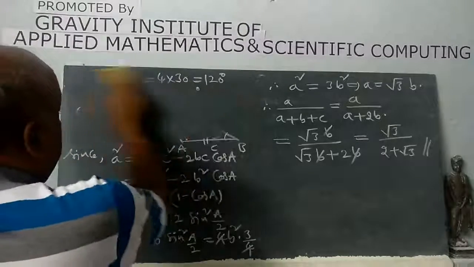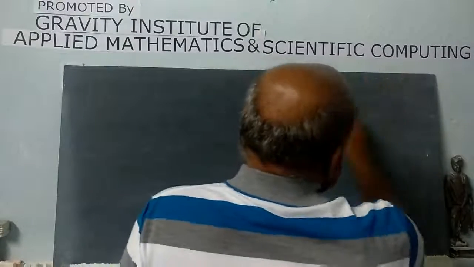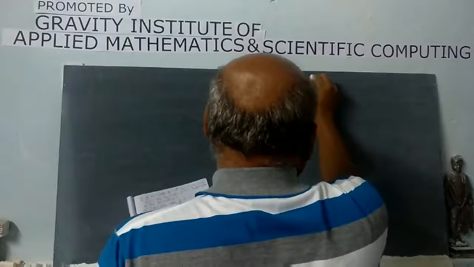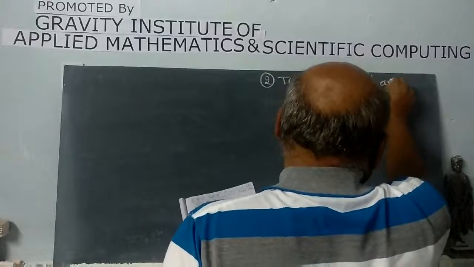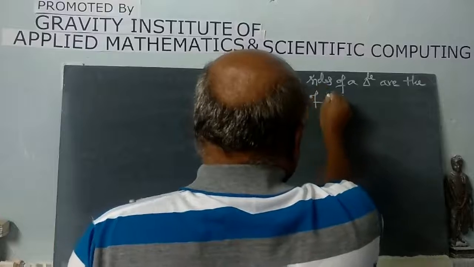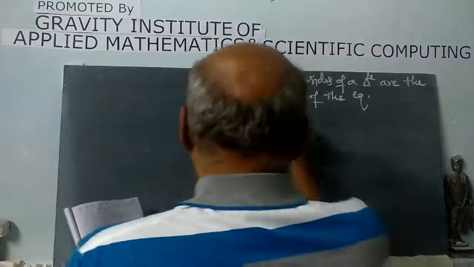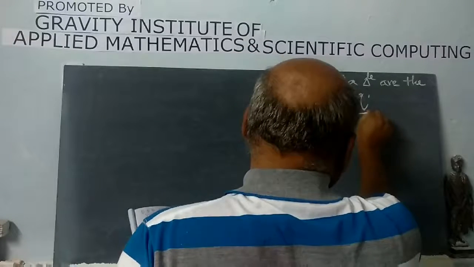Next, second problem. Two sides of a triangle are the roots of the equation x square minus 2 root 3 x plus 2 is equal to 0.